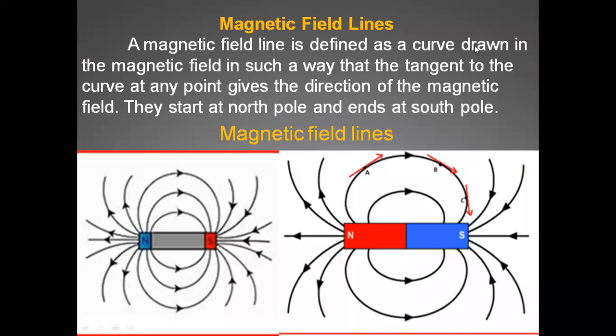The magnetic field lines start at the North Pole and end at the South Pole. The arrow mark indicates the direction of the magnetic field, that is north to south.